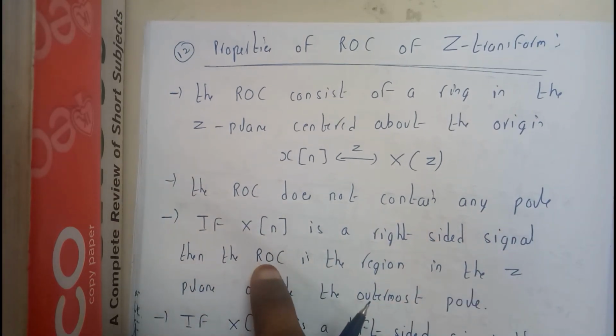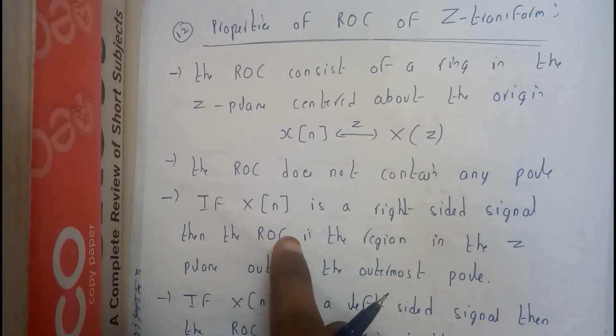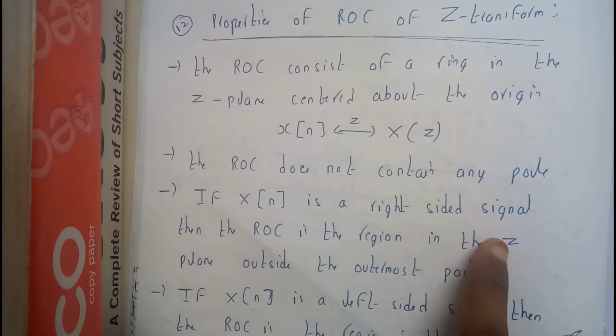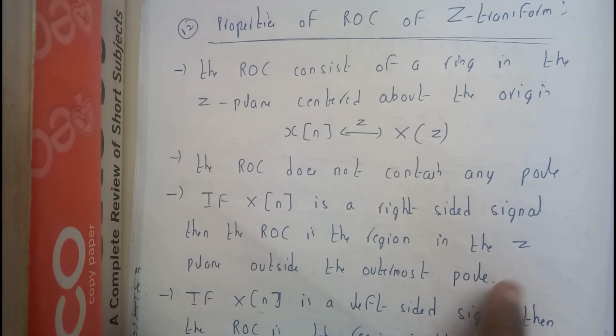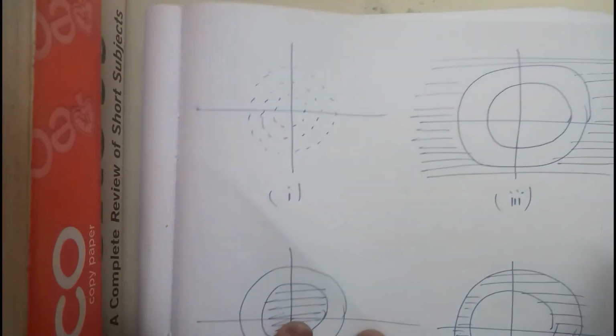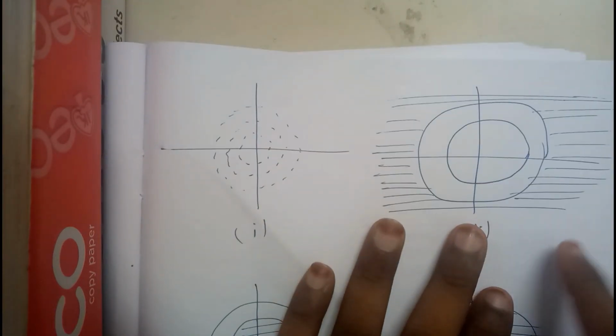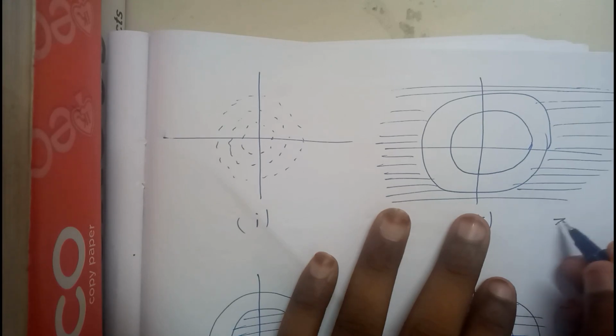Now let us go through the types of signals one after the other. If x of n is a right-sided signal, the ROC is in the region of the plane outside the outermost pole. If these two are the poles, then the ROC exists completely outside the pole. So it is greater than the largest pole.